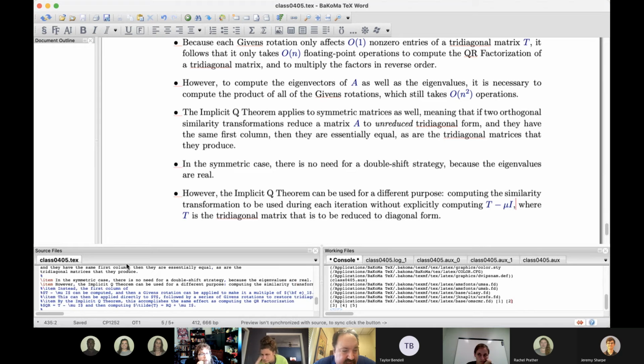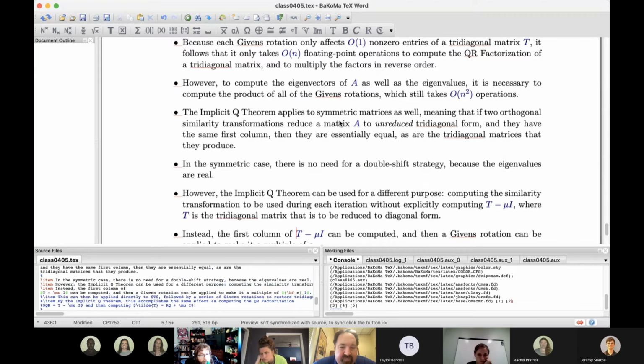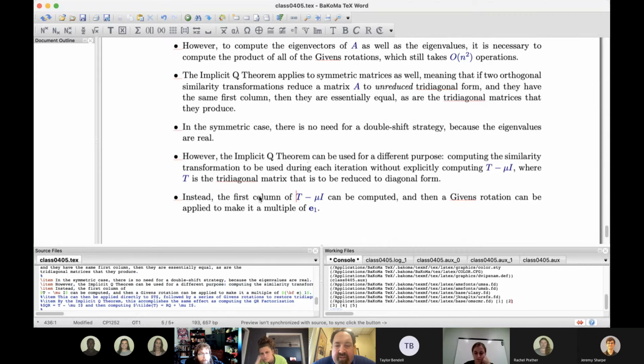Instead of computing the whole matrix T minus mu identity, you just compute the first column. That only has two non-zero entries because T is tridiagonal, and you're just subtracting mu from a diagonal entry. Then you come up with a Givens rotation that will zero out this column except for the first entry.